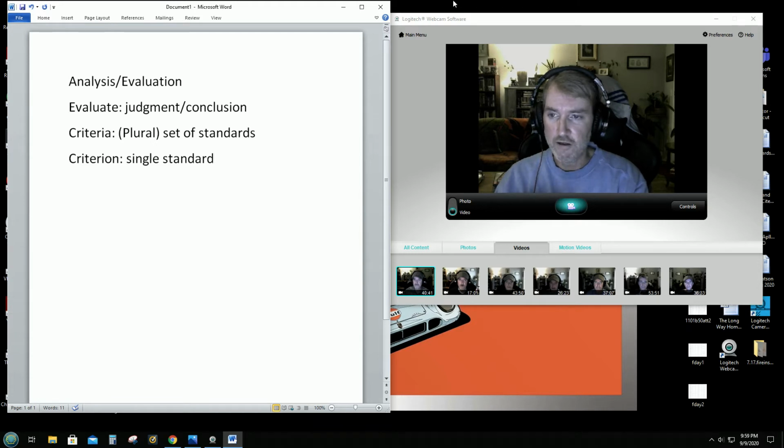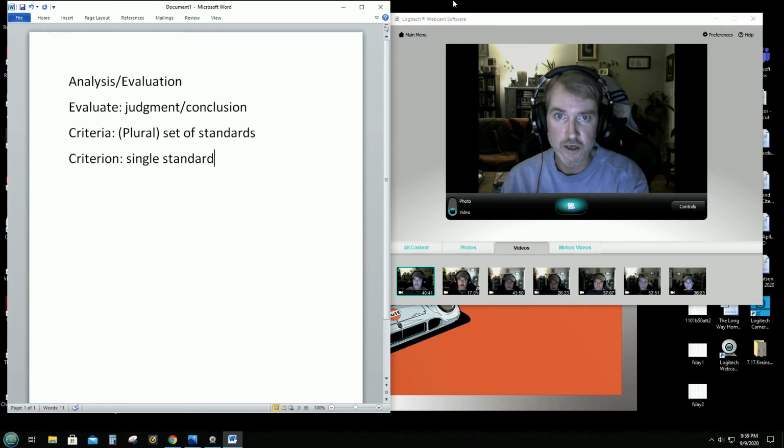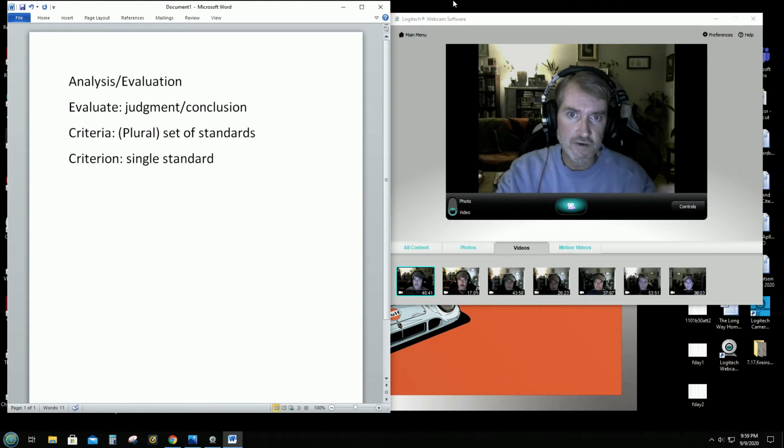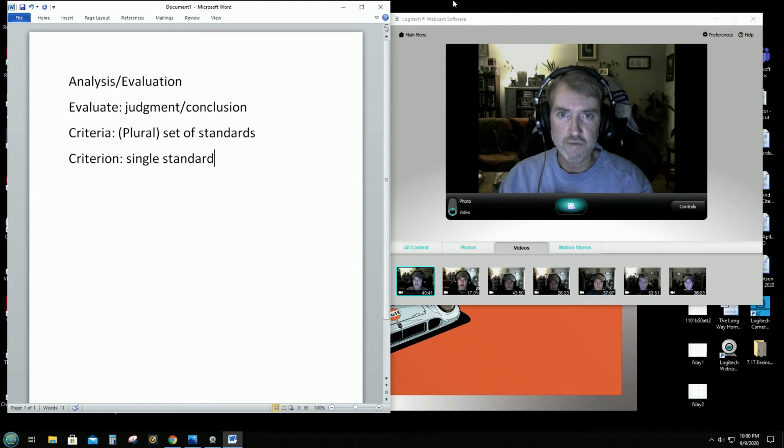The goal of it, and why they call it Criterion, is that they're picking what they think are the singular best examples of a certain type of film, and they give it a Criterion release, because it's exemplary, and all other films of this particular style, time period, or genre will be measured against it. As far as great dramas, they might have a Citizen Kane criterion, but they also do a lot of foreign movies and things. So a criterion is just a single standard, and that's what you're using to make your judgment.